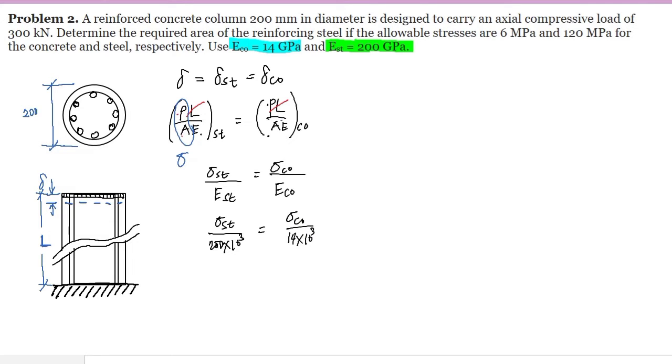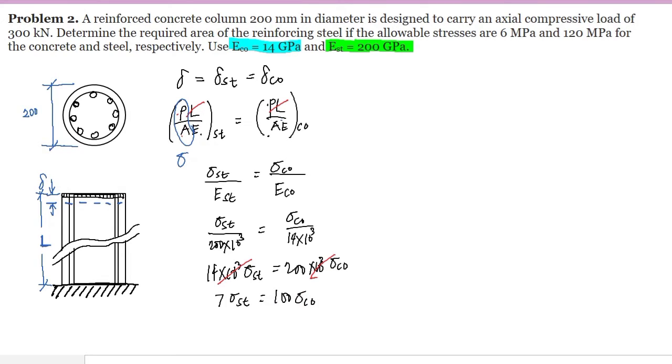So if we simplify this, we would have 14 times 10 to the 3 stress of steel equal to 200 times 10 to the 3 stress in concrete. Of course the times 10 to the 3 cancels, and so we would have 7 stress in steel is equal to 100 stress in concrete. So we divide everything by 2. This is equation 1.